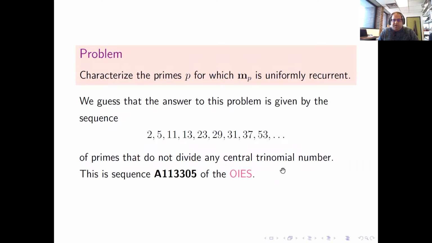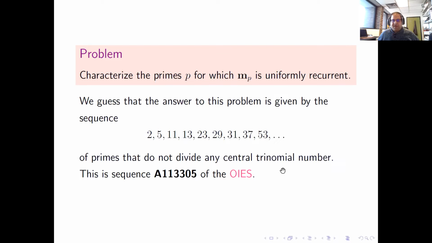So for some primes, the Motzkin numbers mod p look like mod 5, where they have this nice uniform recurrence property. But for other primes, they look like the mod 3 case, where there are these long runs of zeros. And so the obvious question is, which primes fall into which category?